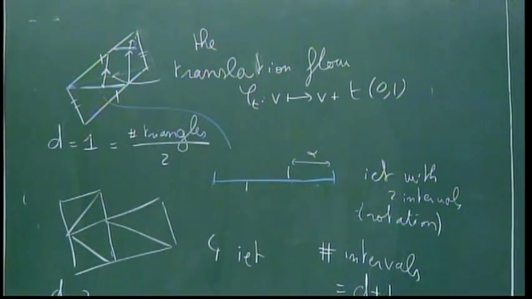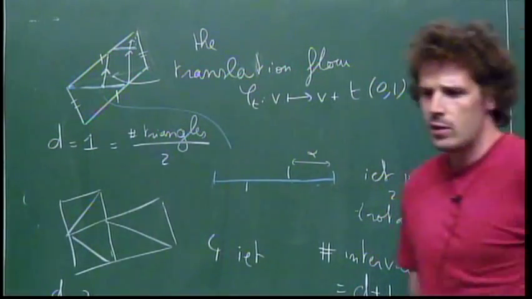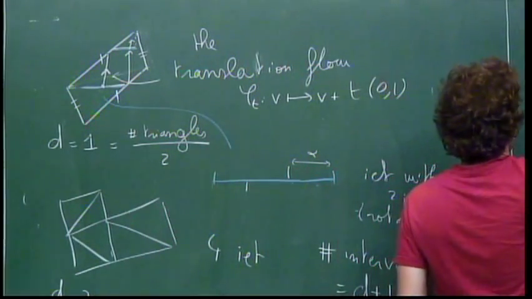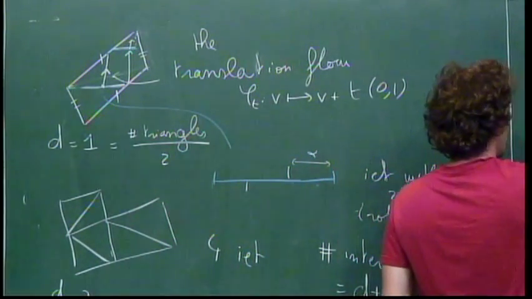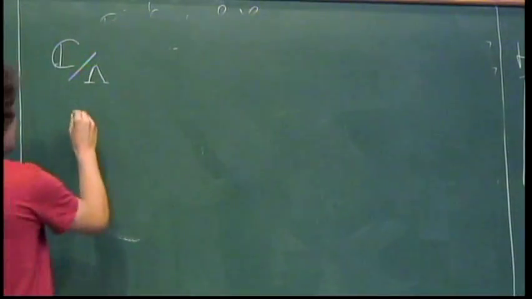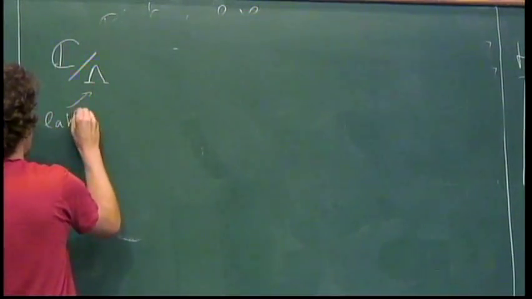based on saddle connections. So in the case of the torus, you know that the torus can also be defined as the plane quotiented by a lattice. So these are tori.